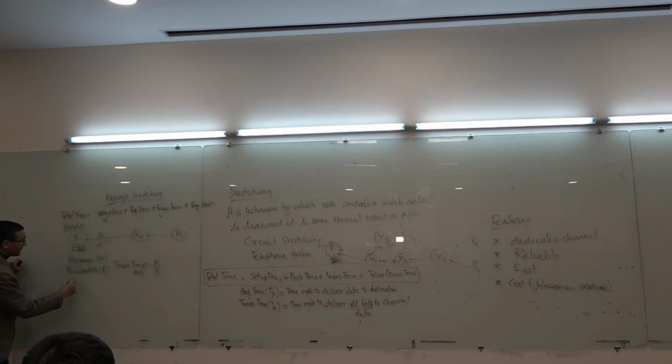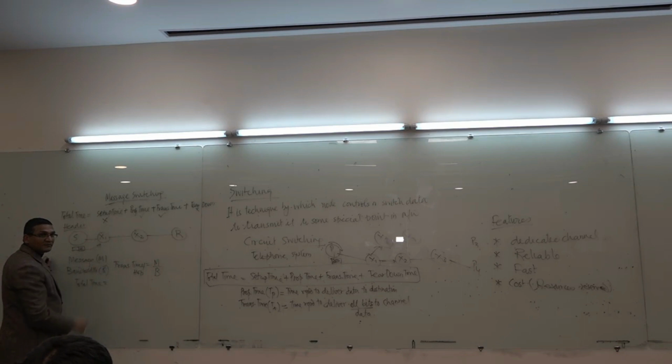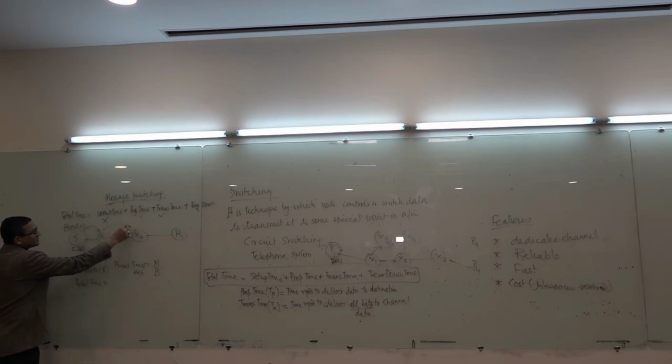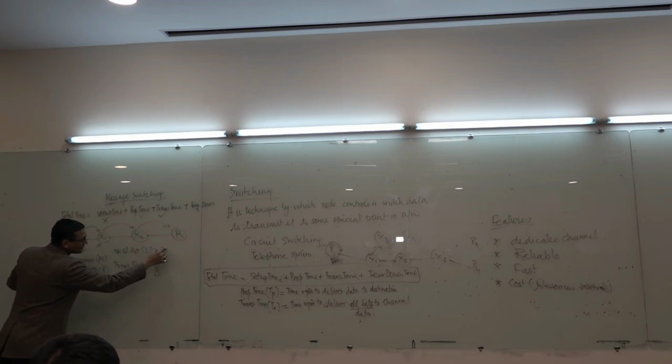Or if I find the total time required for this message switching, I may write the number of hops into the propagation time. So if my number of hops is 1 hop, 2 hop, 3 hop, right? So what is the number of hops here? Let's say the number of hops is L equals 3 here.